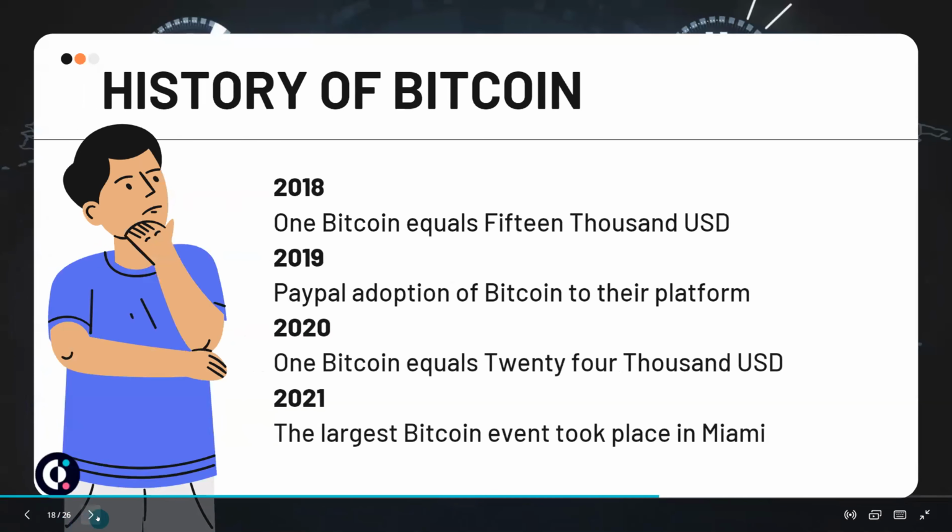In 2018, one Bitcoin again surprised everybody and moved to $15,000. Then in 2019, PayPal adopted Bitcoin on their platform, and more persons started accepting Bitcoin. Then Bitcoin was equal to $24,000. And then 2020, which was just last year, was crazy.